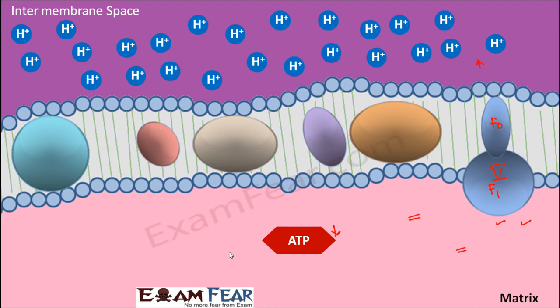In that case, there would have been nobody to accept the electrons. There would have been no outlet for the electrons. So all the carriers of electrons present in the chain would have remained reduced. When there is no electron transport, there is no development of a proton gradient. When there is no proton gradient, there is no ATP synthesis.